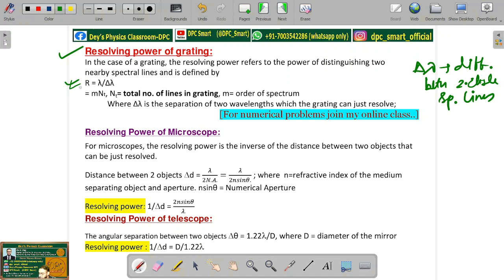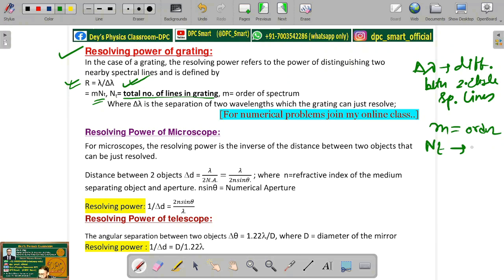In case of a grating, the resolving power lambda divided by delta lambda is also equal to m into N total, where m is the order of the spectrum and N total is the total number of lines present in the grating.